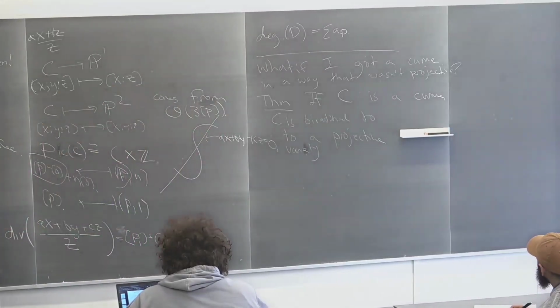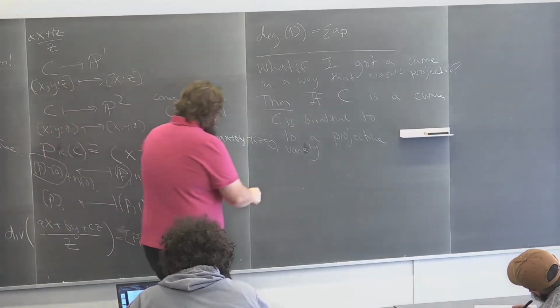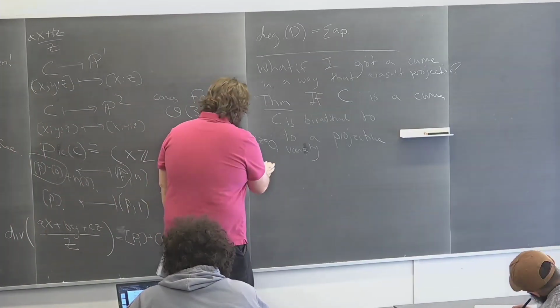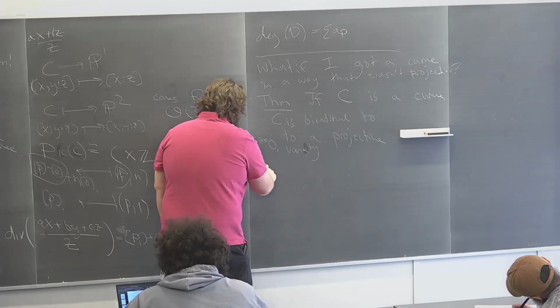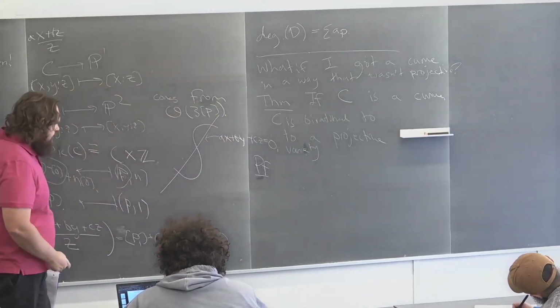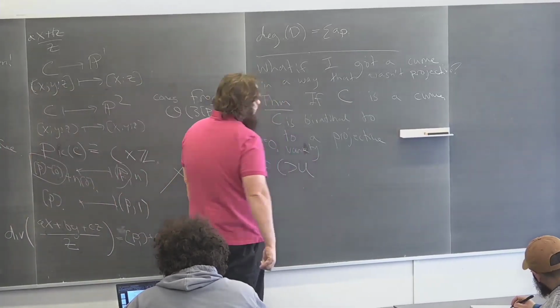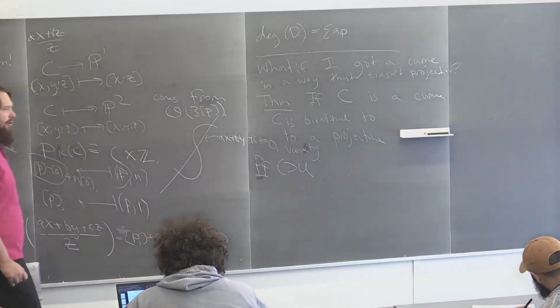Okay, let me just give you a vague hint of how one proves this. The first thing we know is we have a U inside C, which is an affine curve, an affine one-dimensional variety.